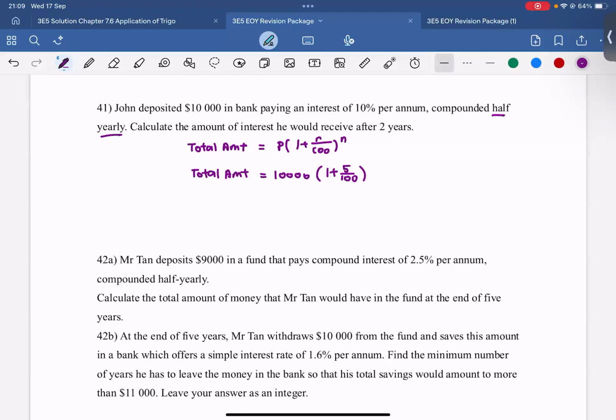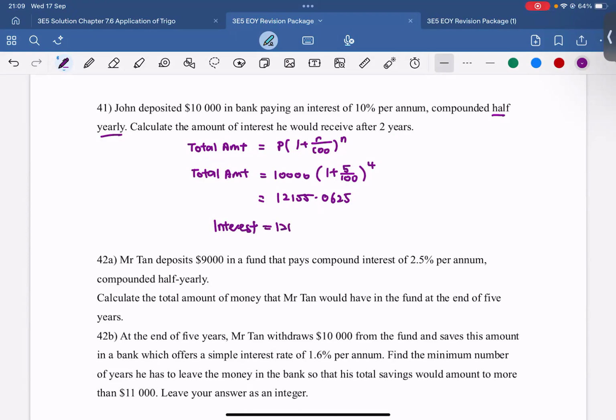Okay, because of 2 years, every 6 months you add interest, right? So 2 years you add interest how many times? 4 times. 10,000 times 1.05 power 4. It will be 12155.0625. So what is the interest? 12155 minus the 10,000.